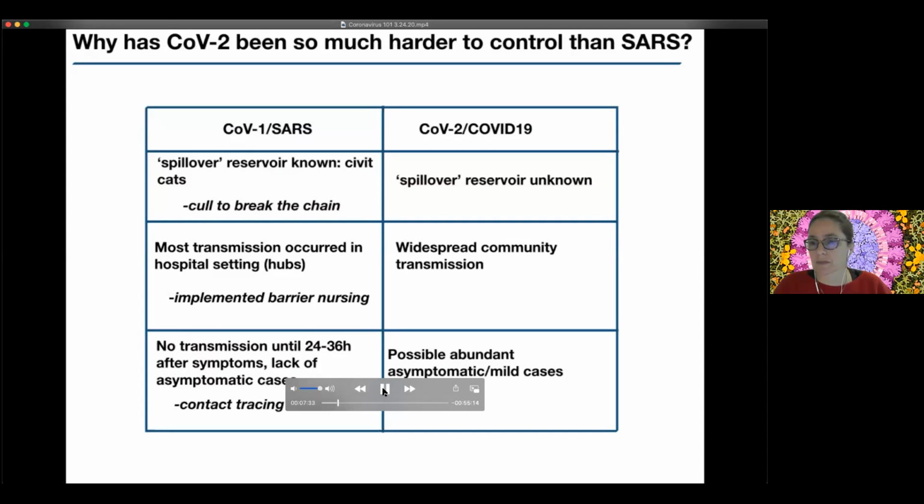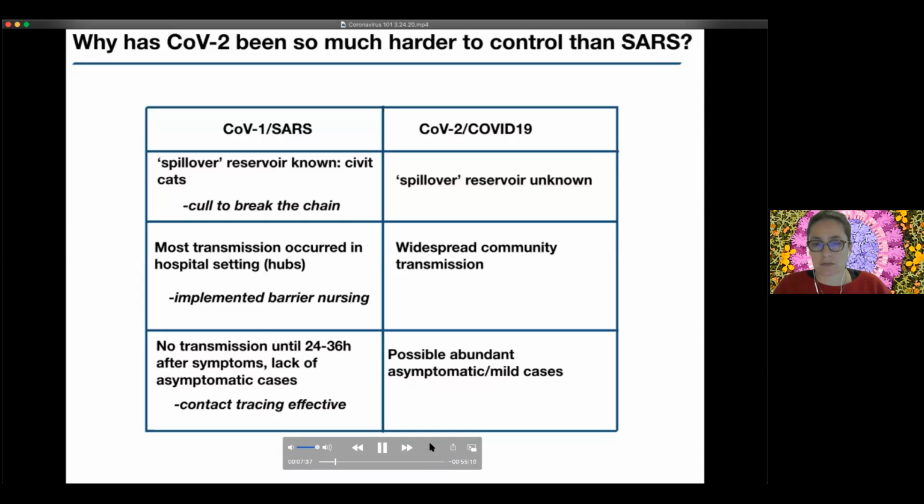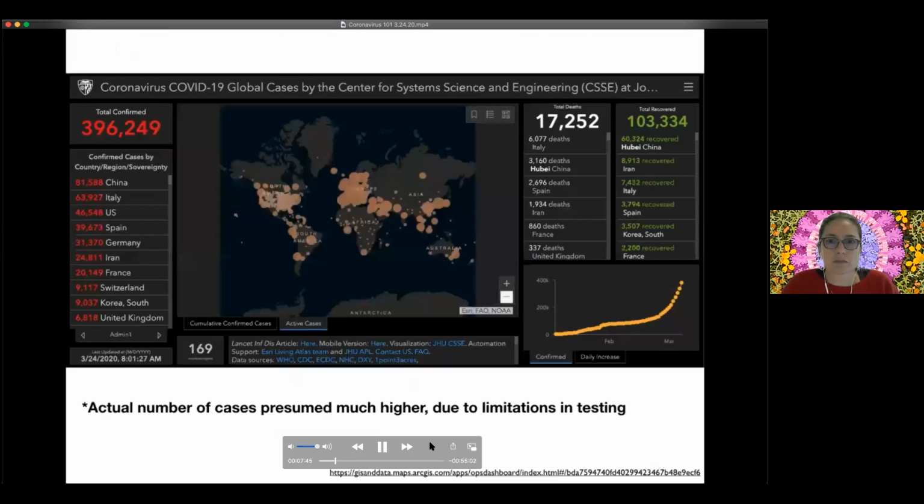So for these reasons, and probably other reasons having to do with the molecular virology and epidemiology, the pandemic that we are experiencing now is very different from the one that we saw in 2003 with SARS. And as of this morning, it is reaching nearly 400,000 total confirmed global cases. This is not likely reflective of the actual number of cases.